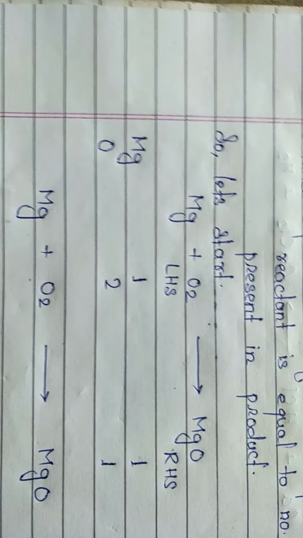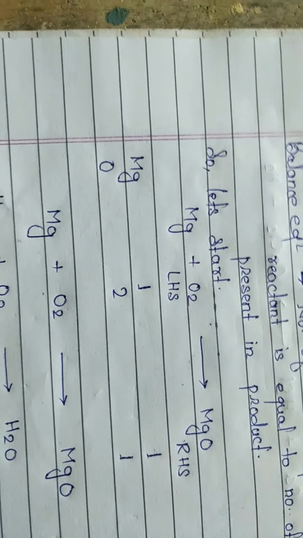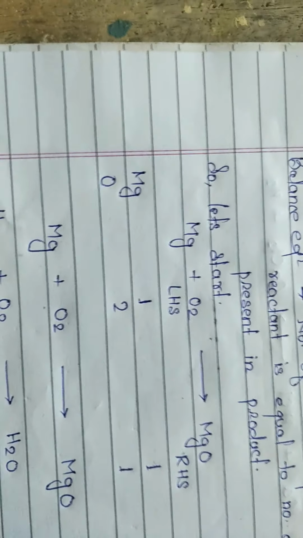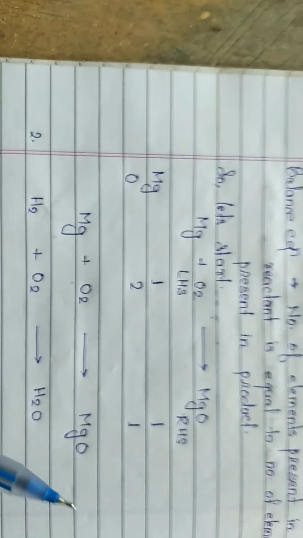To balance, we need an equal number of each element on both sides, and to make it equal, we have to multiply the oxygen by 2.